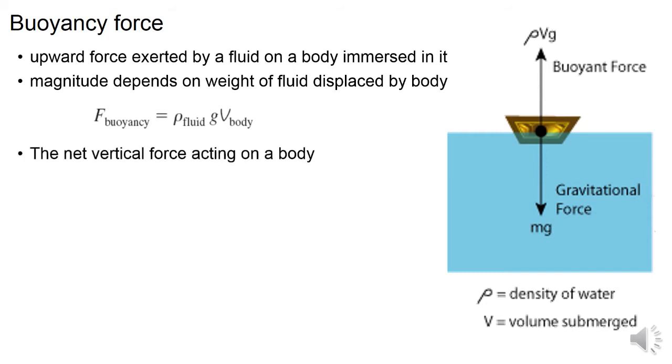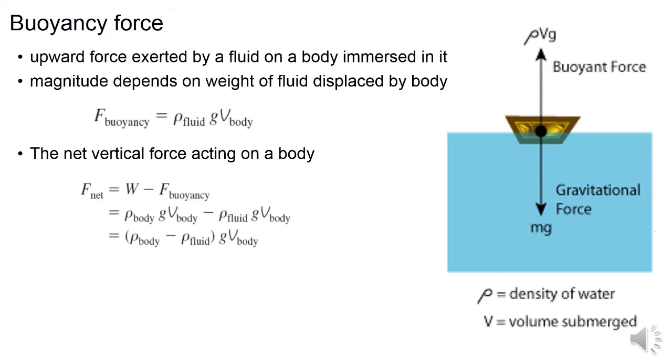So the net vertical force acting on a body for the system on your right hand side is F net equals the weight of the body minus the buoyancy force. Here we can expand it into density of the body times gravity times volume of the body which is immersed in the fluid, minus the density of the fluid times g times the same volume.